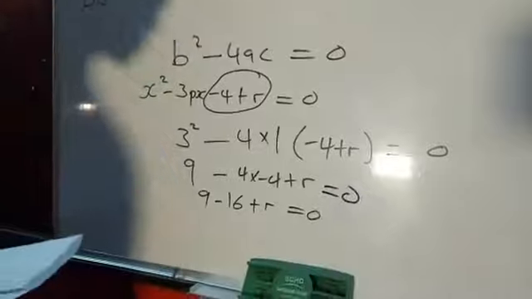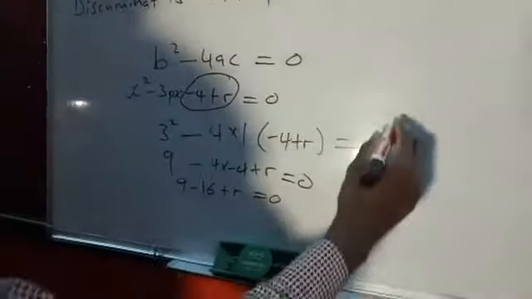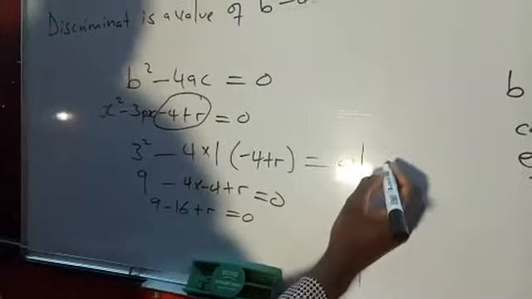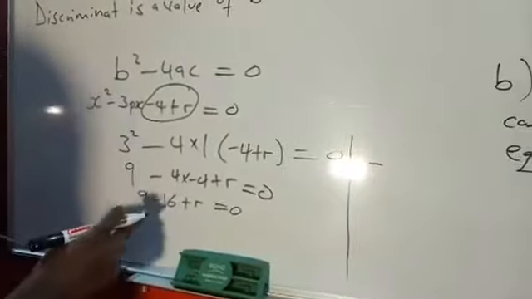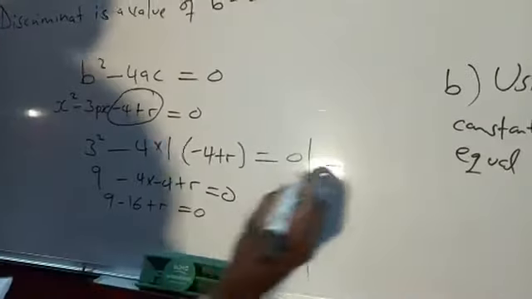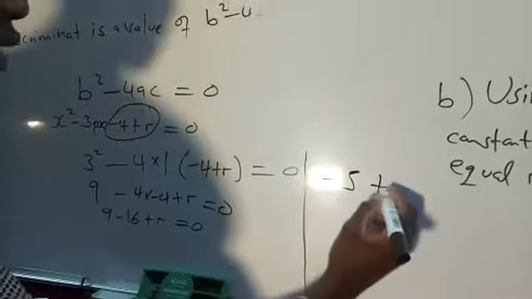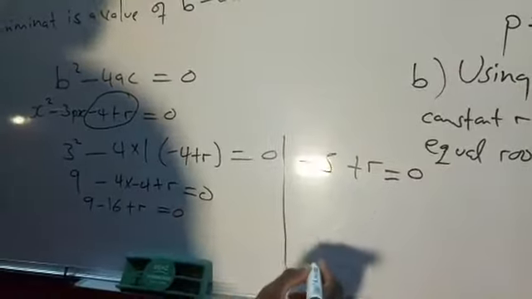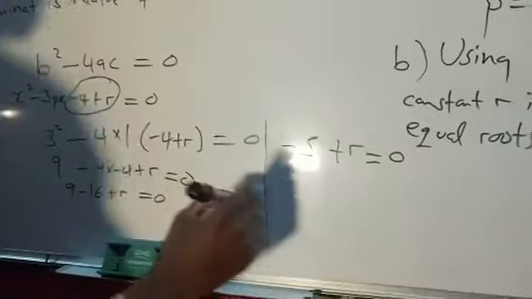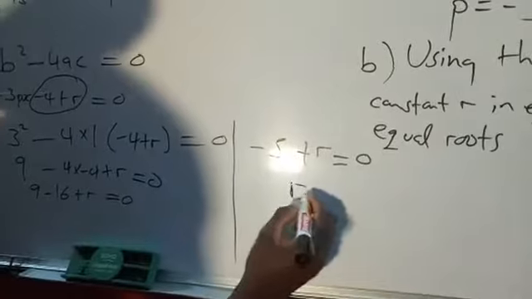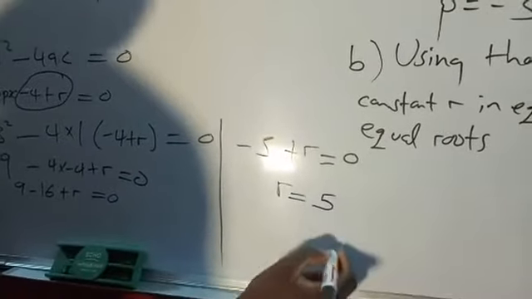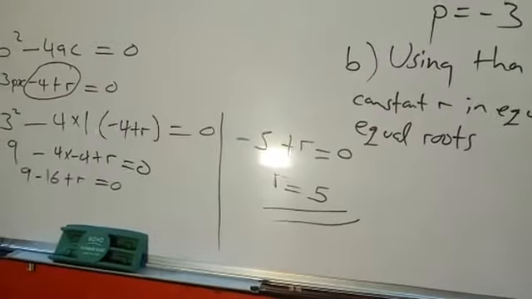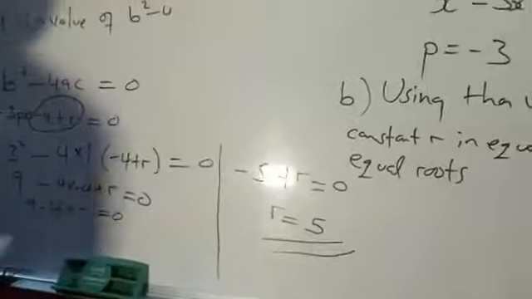So it will be negative 7 plus r equal to 0. Taking the other side, r will be equal to 7, and so we have found the value of the constant r in the equation that we have been given.